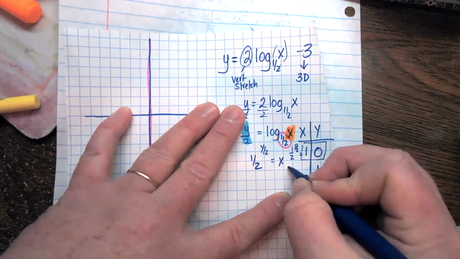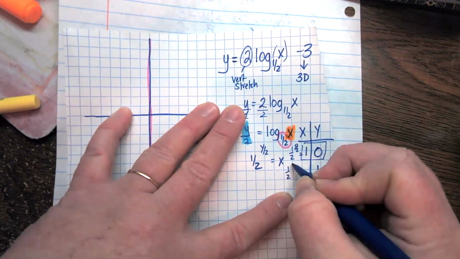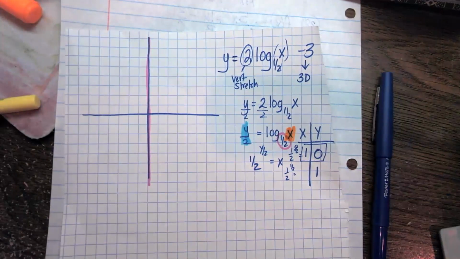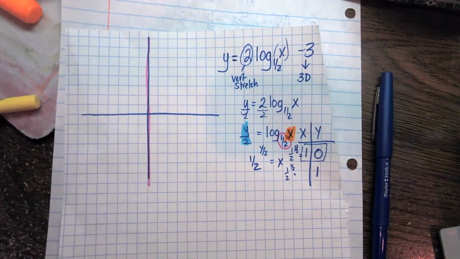Okay, let's try this one. What would be 1/2 to the 1/2 power? Well, what's the square root of 1/2? I don't really know that. I should get my calculator out.